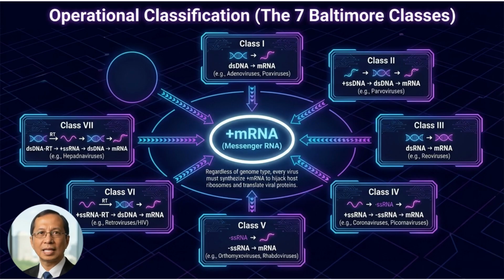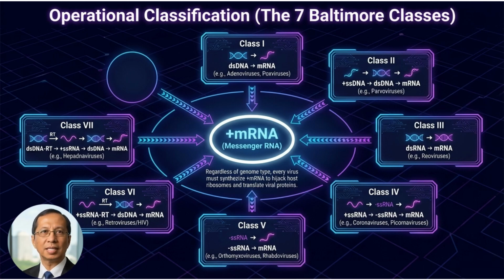The Baltimore classification system categorizes viruses into 7 distinct classes based on their genome type and mRNA synthesis pathway. Class 1 includes dsDNA viruses like adenoviruses and pox viruses. Class 2 comprises plus ssDNA viruses such as parvoviruses, which first convert to dsDNA before producing mRNA. Class 3 consists of dsRNA viruses like reoviruses.